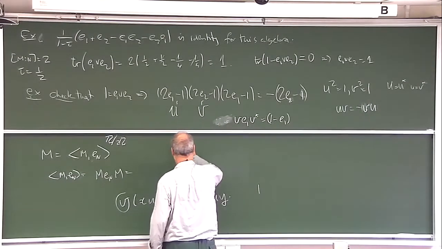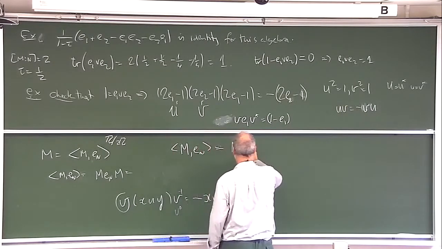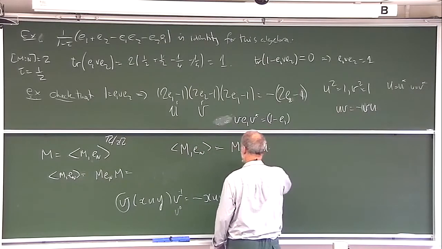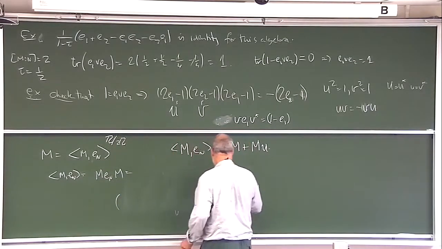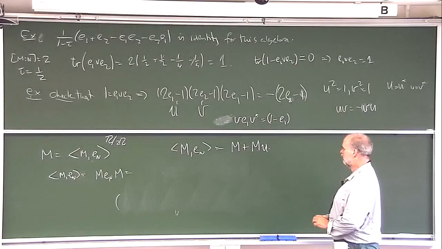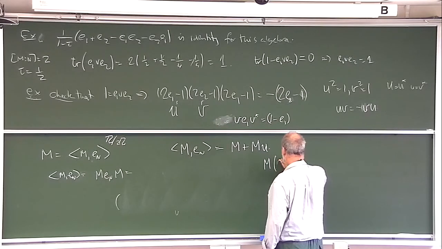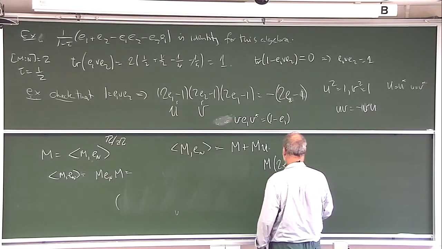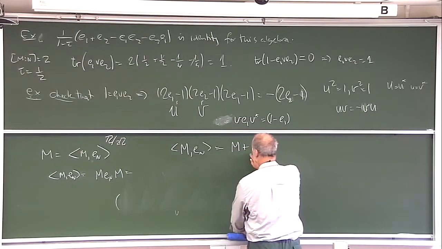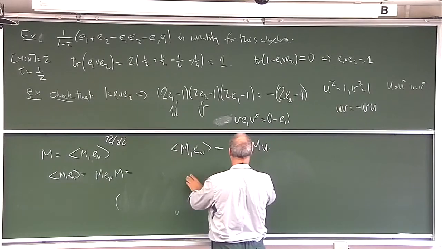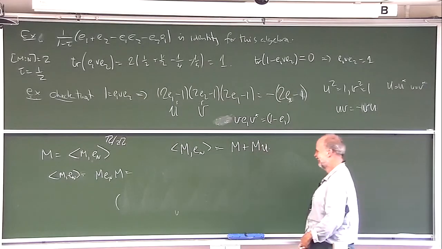So here's what I want to do. I want to write M equals M plus MU. That's because M e_N is M times 2E minus 1. This is true.